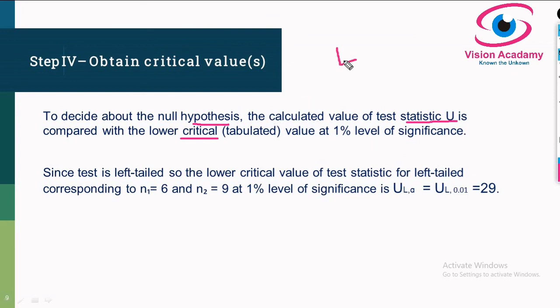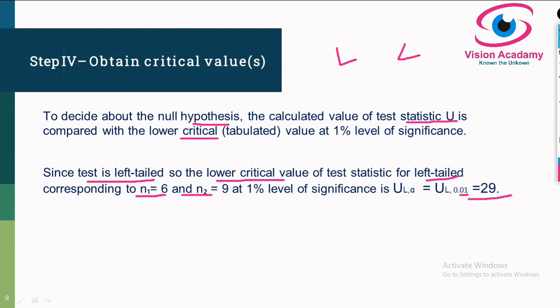I am considering the lower critical value because this is a left-tailed test. So the lower critical value corresponding to n1 equal to 6 and n2 equal to 9 at 1% level of significance is 29.